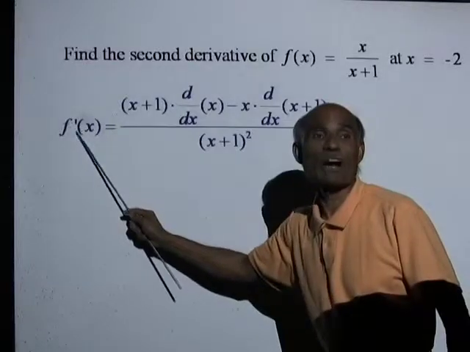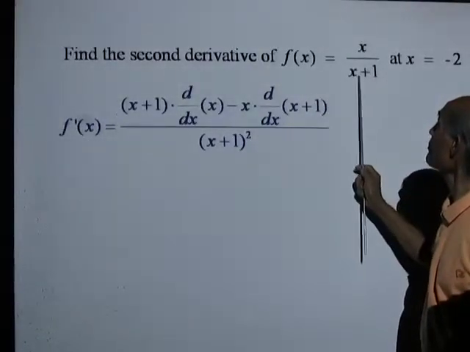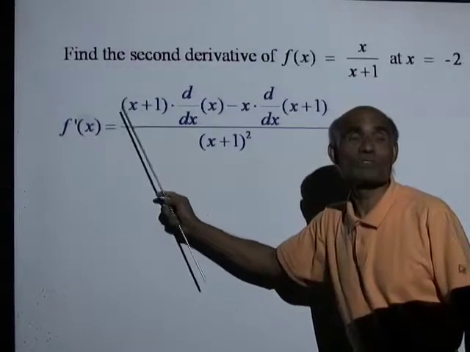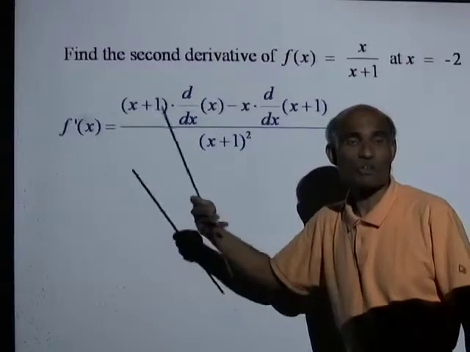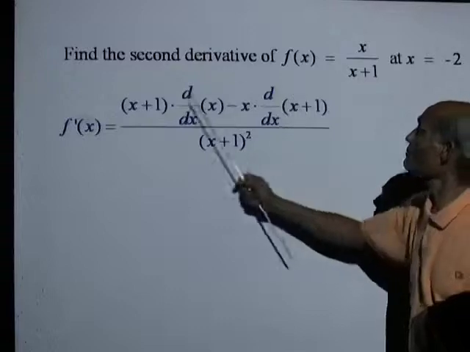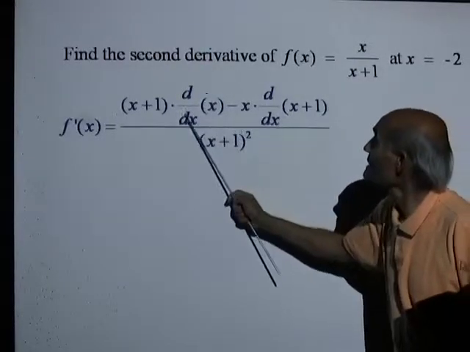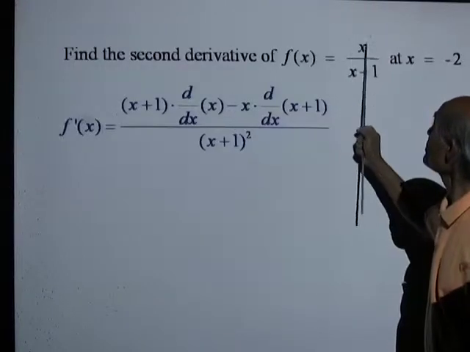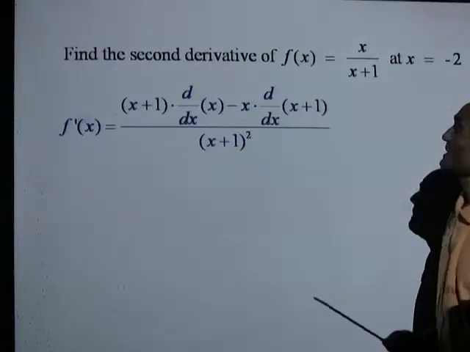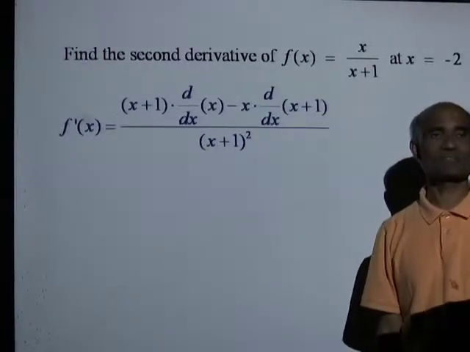First of all, we find f prime x, for f of x equal to x over x plus 1. So f prime x equals, all right, practice that quotient rule. It'll be the denominator x plus 1 times the derivative of the numerator, minus the numerator times the derivative of the denominator, all over the square of the denominator.